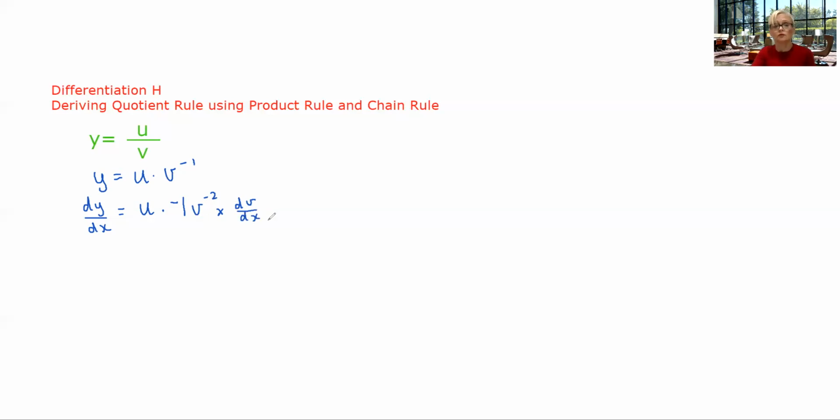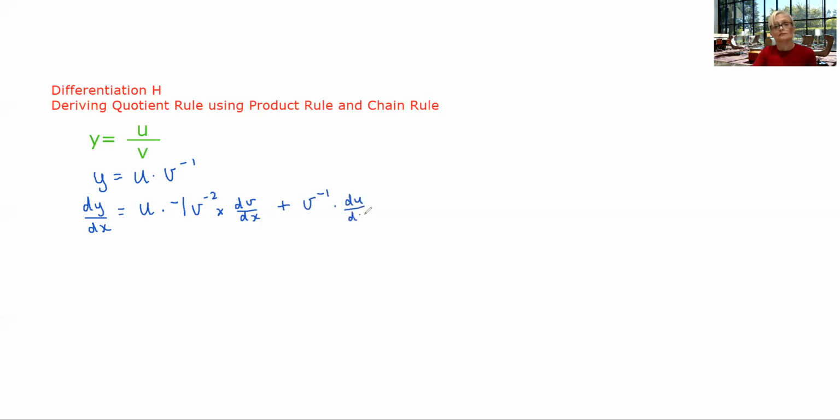So that's our chain rule coming in there. So if it was just v to the -1, we go -1v to the -2. But the chain rule component is that this was actually a function of x, so we've got to multiply by the derivative of x. So first thing times derivative of second thing plus second thing times derivative of first thing.